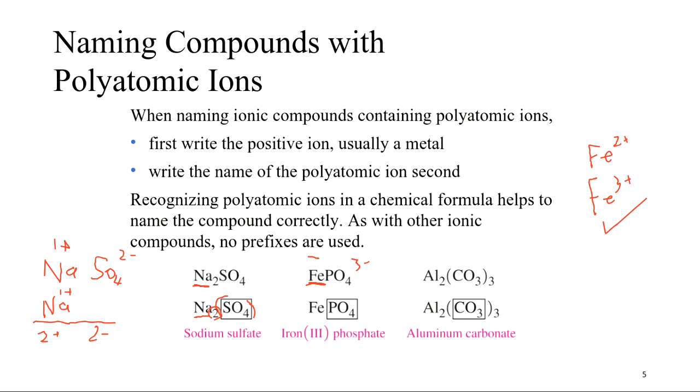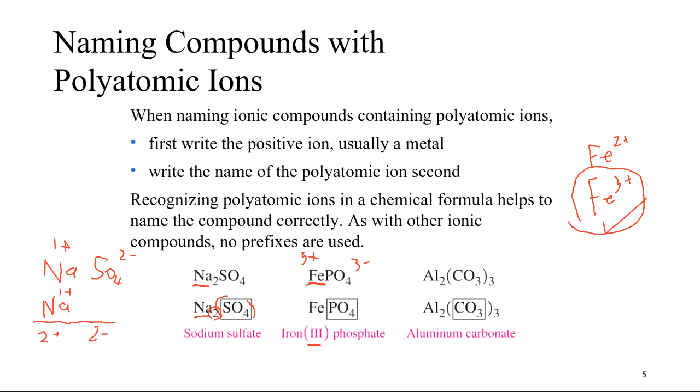So the iron is 3 plus and the phosphate is 3 minus. So I'm going to use 1 of iron and 1 of the phosphate to react together. So it will be FePO4. But when I name it, I have to say iron 3 because I used the transition element iron 3 plus, not 2. So I have to mention which one I used. So it will be iron 3 phosphate.